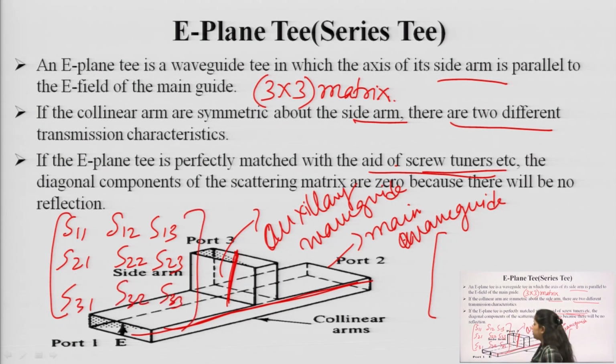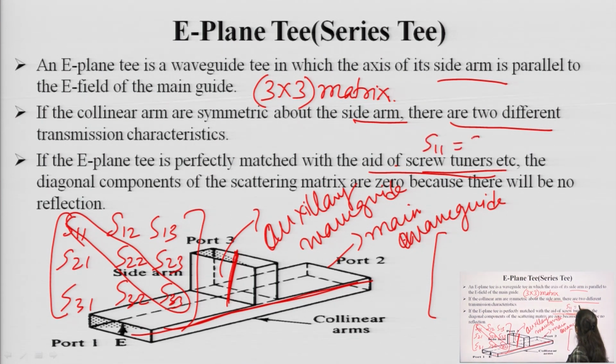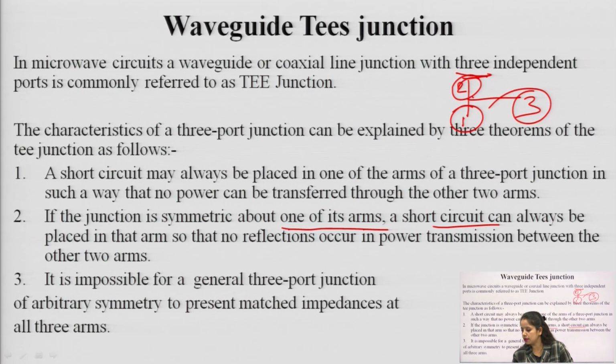If all the ports are perfectly matched, the diagonal elements S11, S22, S33 will be equal to 0, and this is applicable for the matched load only. But one of the theorems says, if you see the last theorem, it is impossible.